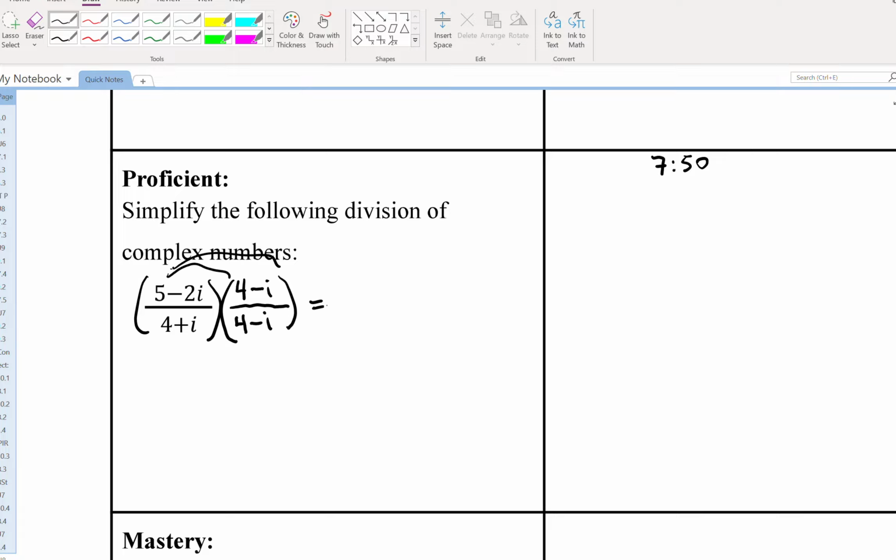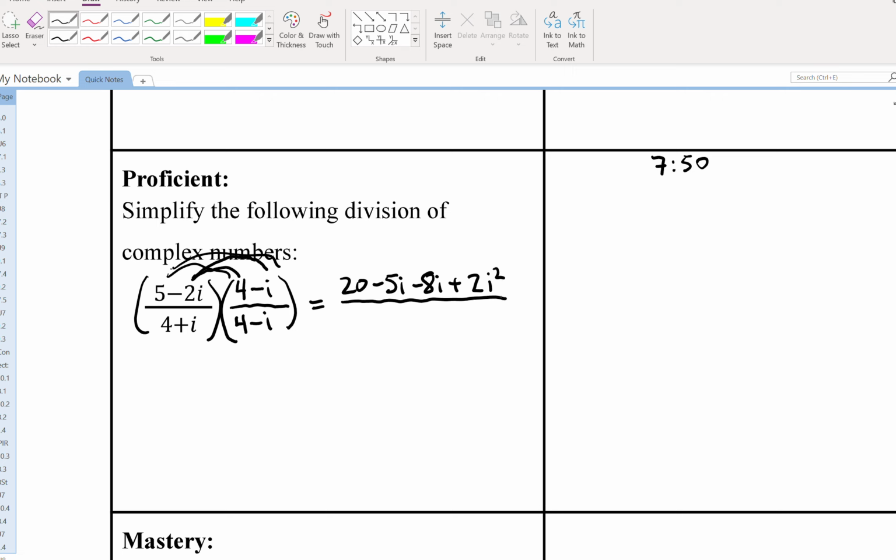5 times 4 is 20. 5 times negative i is negative 5i. And then negative 2i times 4 is negative 8i. And negative 2i times negative i: negative times negative is positive, 2 times 1 is 2, and i times i is i squared.